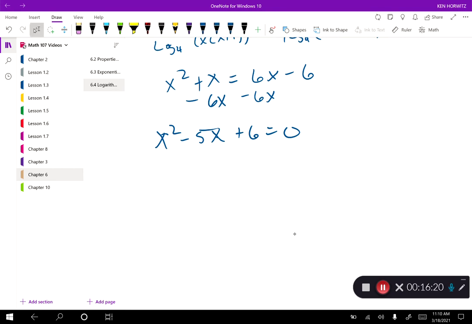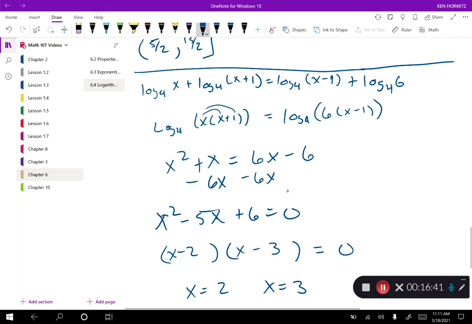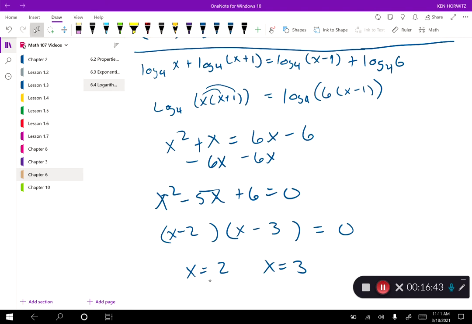And from here, I'm going to factor it. So I get x minus 2 and x minus 3. So I get x equals 2 and x equals 3. You still need to check these answers. You still need to take these and put them back into the original. So the original's up here.